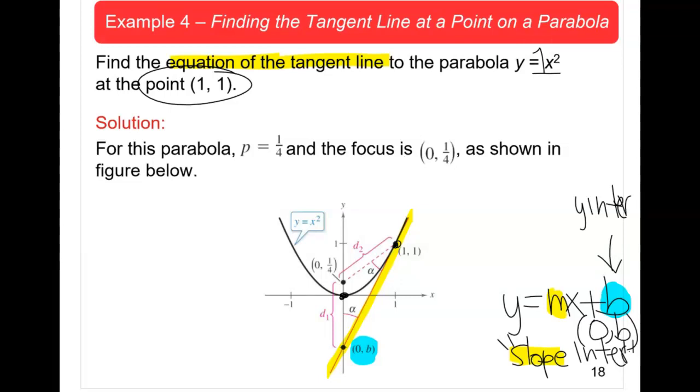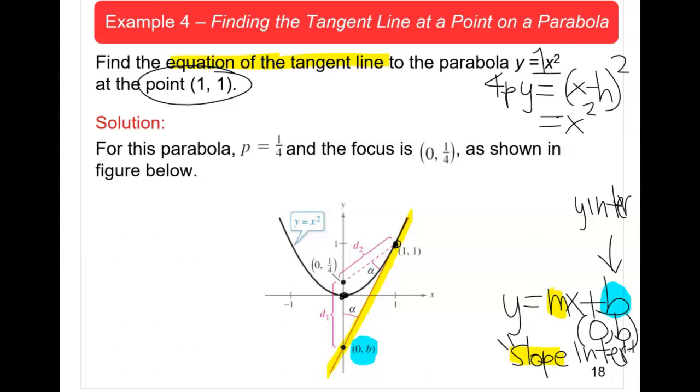So from here, if we were to write it in this form, 4py equals x minus, let's just use x. I mean, it would be minus h squared, but we already said h is 0. So we could just see x squared is here.